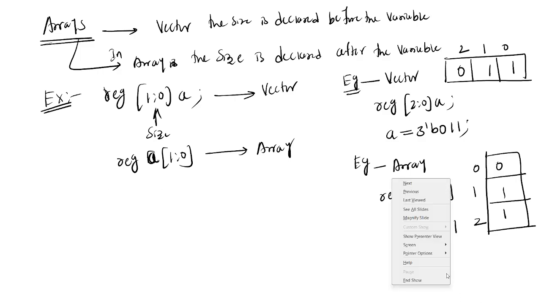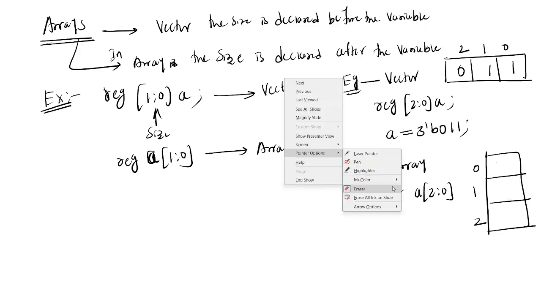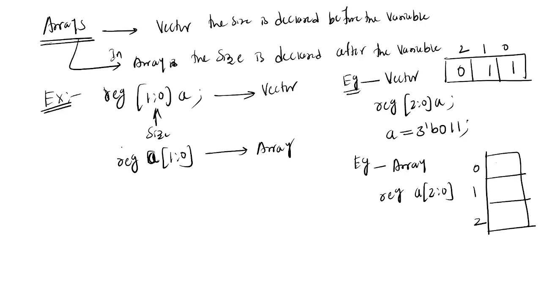One second. How we are storing these values: for arrays I can declare like that. Here I am using two locations, no? So for the arrays, I am writing the code. reg a 2 down to 0.